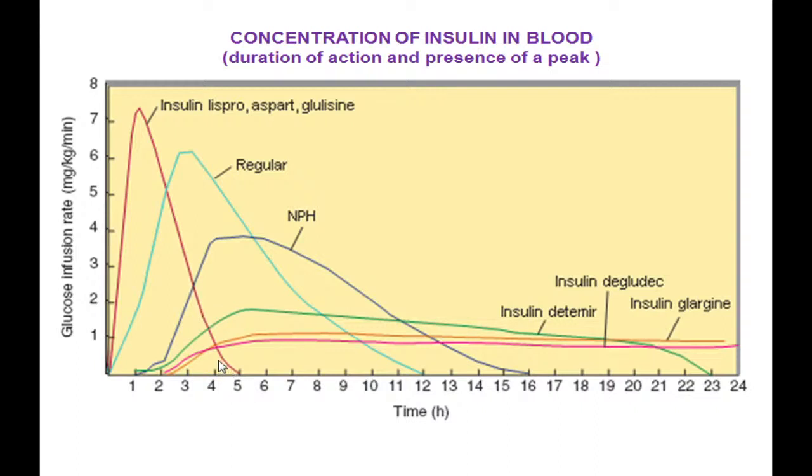We understand that this kind of preparation we can use for modeling of postprandial glycemia. It's first. And second, we can use fast-acting insulins for the most severe complication of diabetes mellitus, which is hyperglycemic coma.